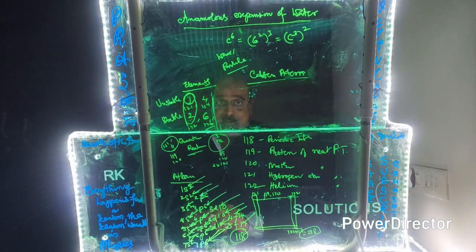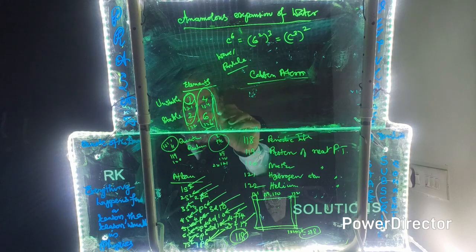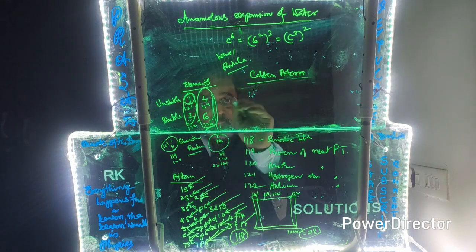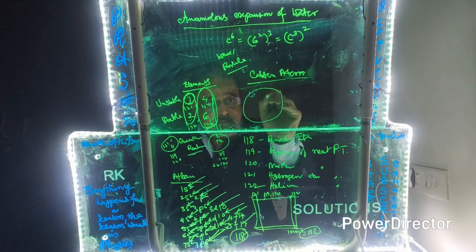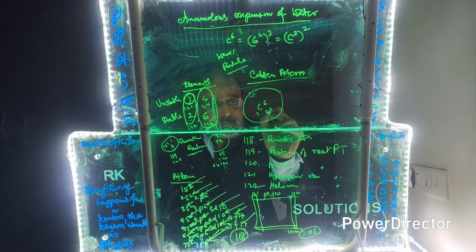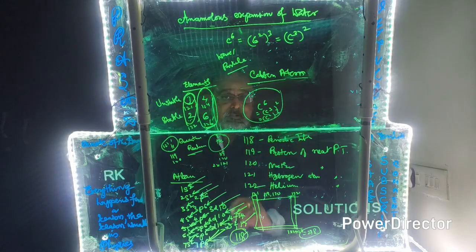What we are interested in is only this step, because this c raised to 6 is both the cube and square and cube.